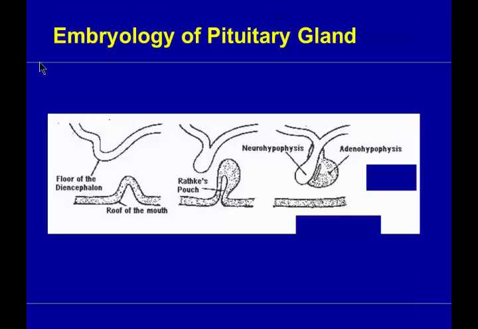The embryology of the pituitary gland is really interesting in that it is a combination of an indentation from the floor of the diencephalon and from the primordial roof of the mouth, an evagination, which come together. The neural structure forms the posterior pituitary, and this endodermal structure forms the adeno or anterior pituitary.